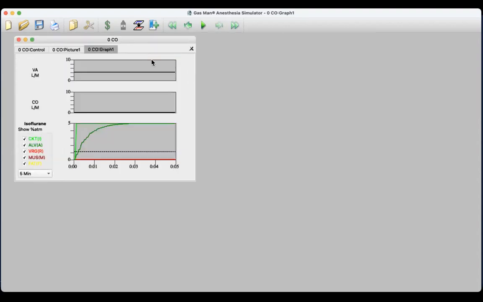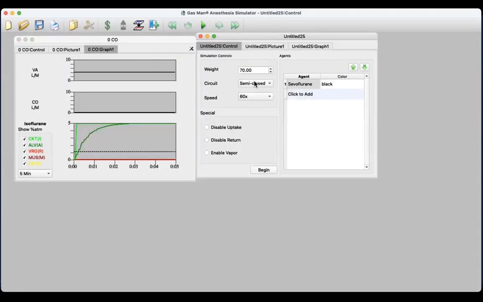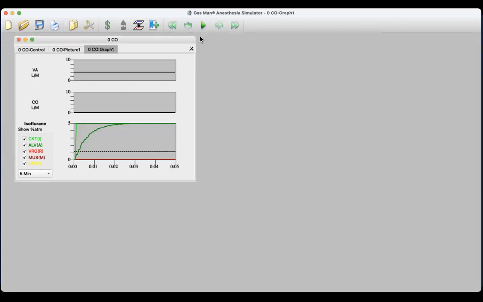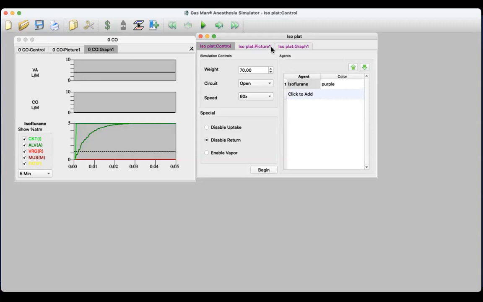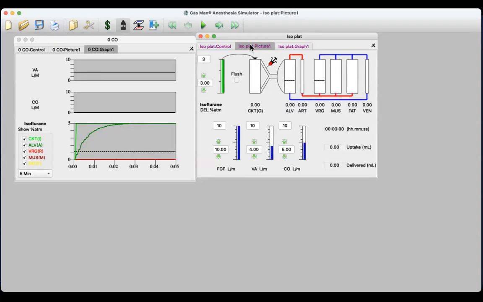We then can look at the next simulation, which will be for isoflurane looking at the plateau height. You'll see what I mean by that in a moment. So isoflurane, again, in an open circuit, we're going to look at a picture and we're going to watch it rise and stop going up.